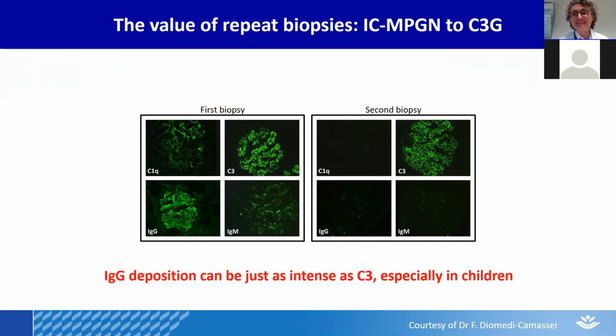And so in this disease, IgG deposition can be just as intense as C3. This is particularly true in children because the IgG deposition is often triggered by infection. And this is a typical presentation of these types of renal diseases to be triggered by infection, especially upper respiratory tract, so cough and an inflamed throat, which is typical of younger children.